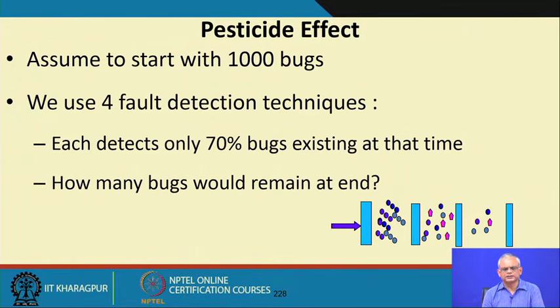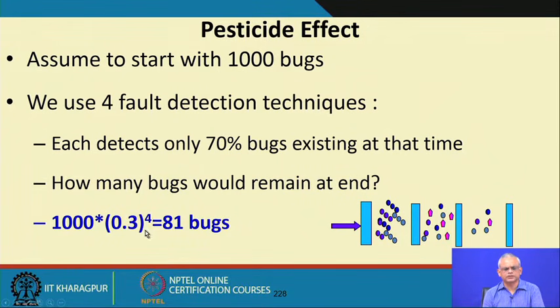So, you can do it initially. After the first technique, 300 will survive, 70% will get detected out of 1000. So, that is 700 detected and 300 existing, and then again 30% of that will survive, and so on. We can do it quickly by noting that it is equal to 1000 into 0.3 to the power 4, because each time only 0.3 survive.